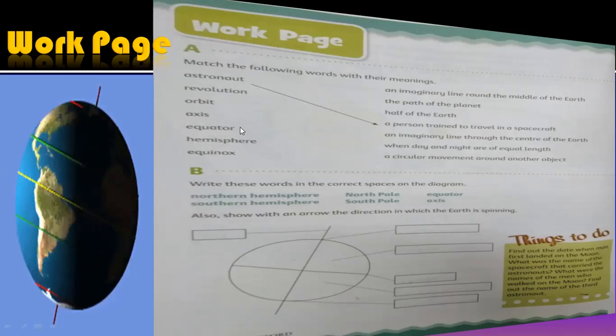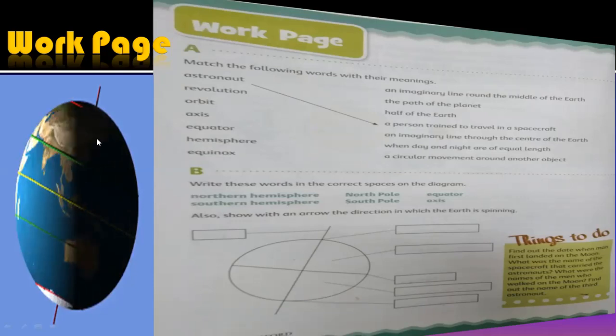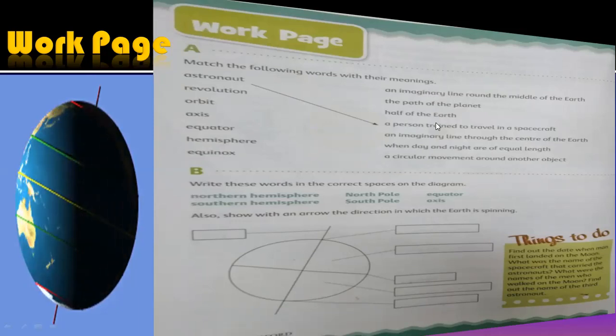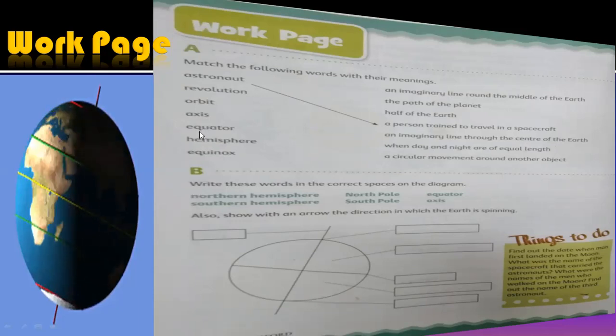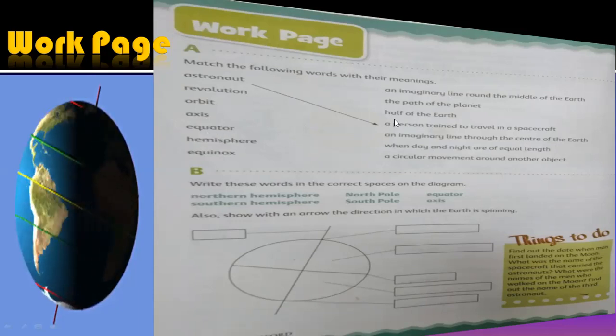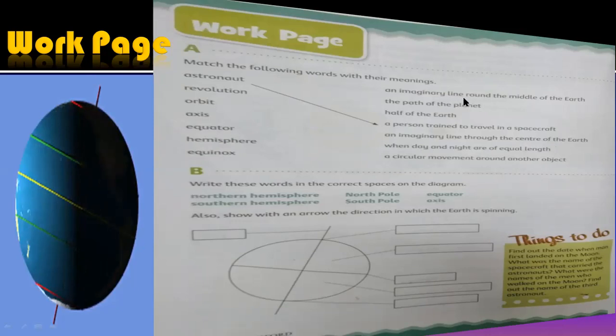Fourth one, axis. An imaginary line through the center of the earth, called axis. Equator. Number fifth, an imaginary line around the middle of the earth is called equator.